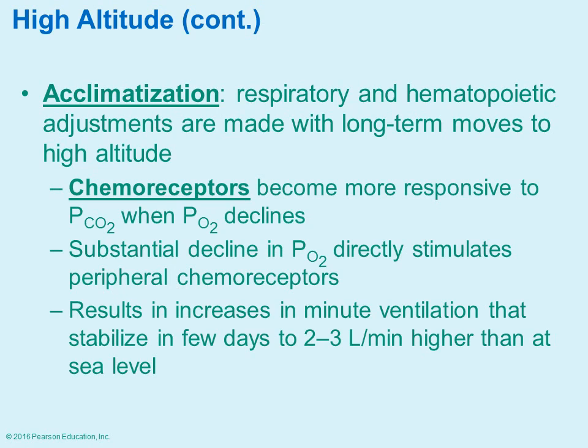The chemoreceptors are going to become more sensitized or more responsive to the partial pressure of carbon dioxide, which is going to increase when oxygen decreases. So it's going to stimulate it.